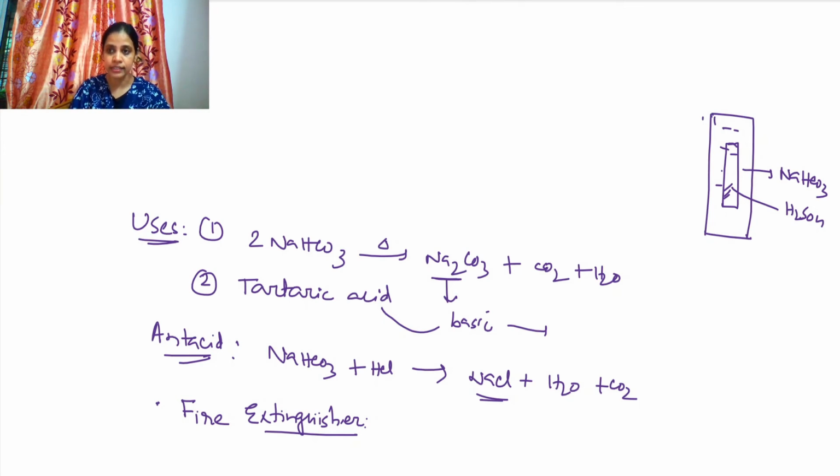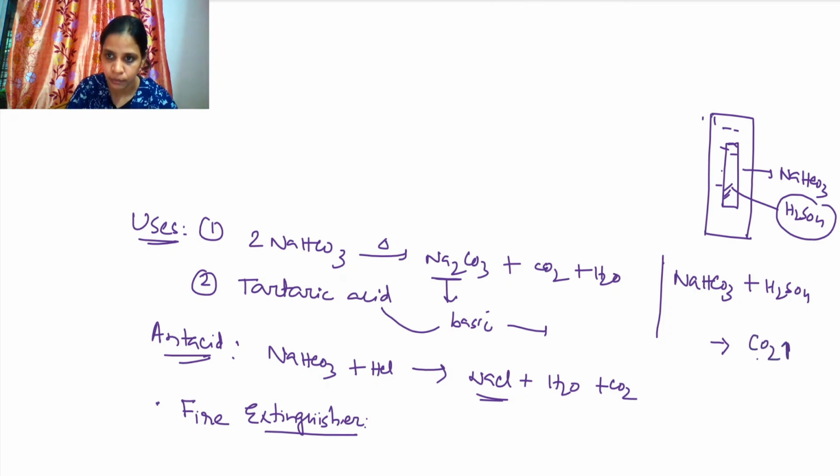As a result, the acid will come in contact with sodium hydrogen carbonate. These two react, that means NaHCO3 reacts with H2SO4 and forms carbon dioxide. Which gas evolves when sodium hydrogen carbonate and H2SO4 come in contact?